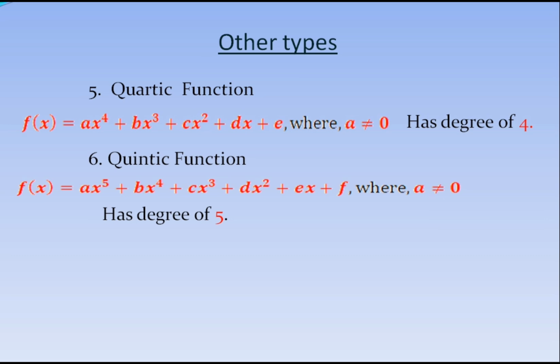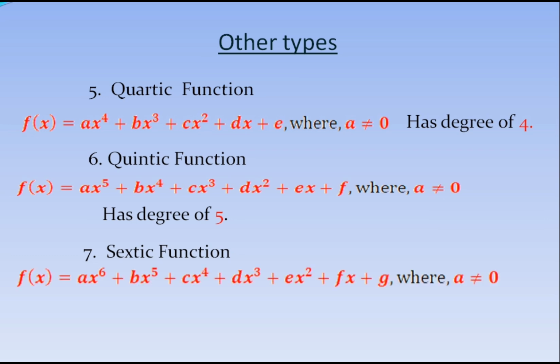We can go on and on. We can even talk about sextic functions, which have a degree of 6. You can continue and continue. These are some examples of polynomial functions, but our main focus will be on the first 4 that we have talked about.